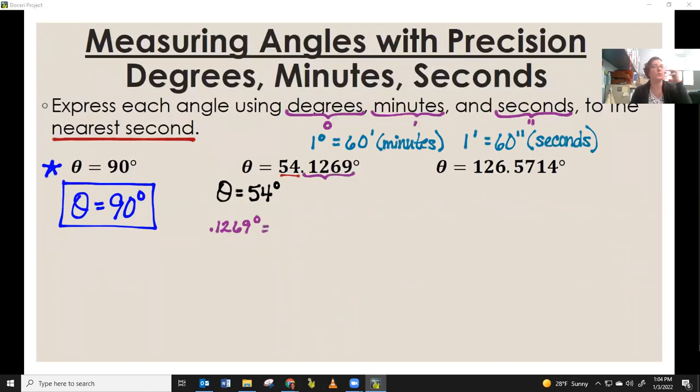Well, 1 degree is equal to 60 minutes. So that would be equal to 0.1269 times 60 minutes. Grab your calculators, multiply those together for me, that 0.1269 times 60, and type into the chat what you get.